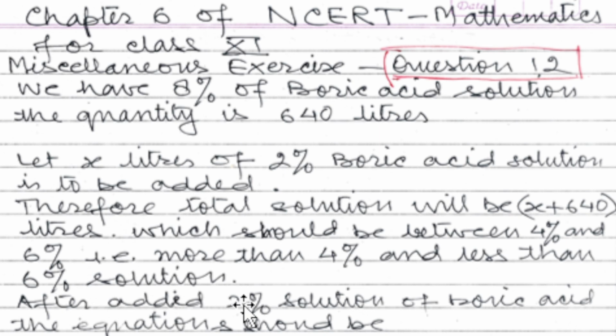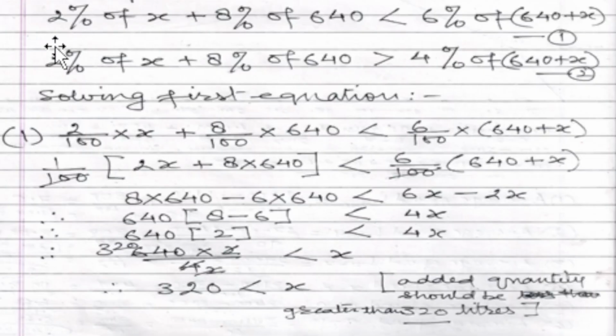After adding the 2% solution of boric acid, the equations should be: 2% of X plus 8% of 640 is less than 6% of 640 plus X. Because we have added X liters, X will be added on this side as well as this side.